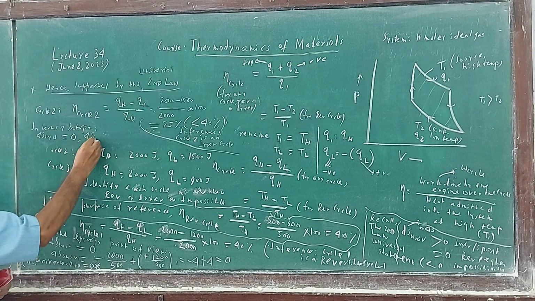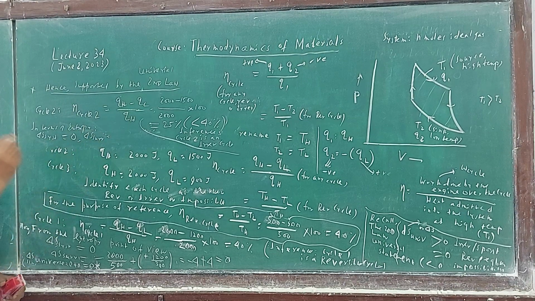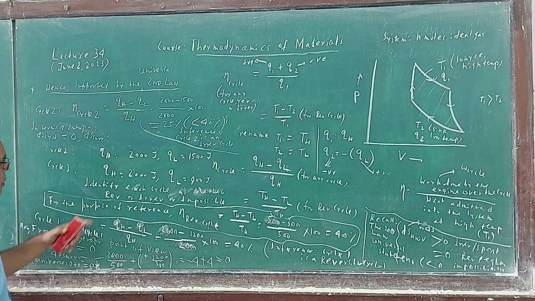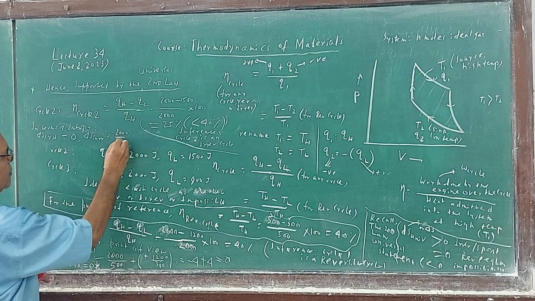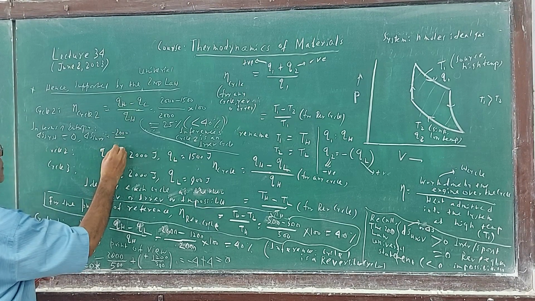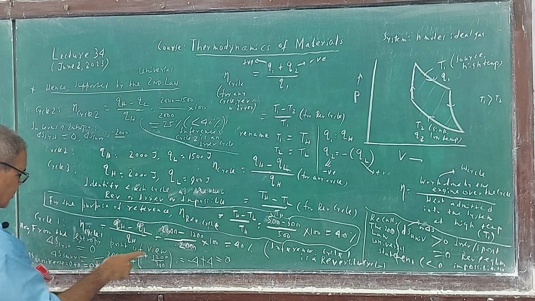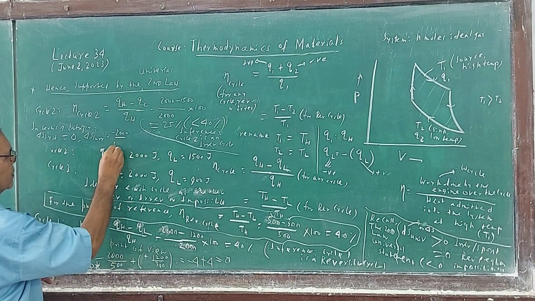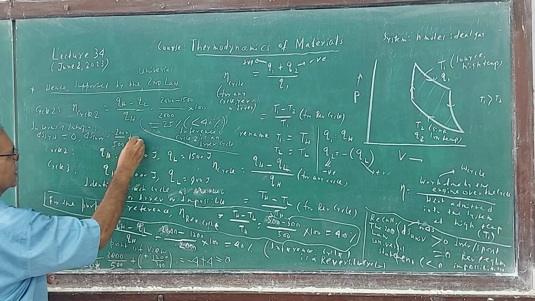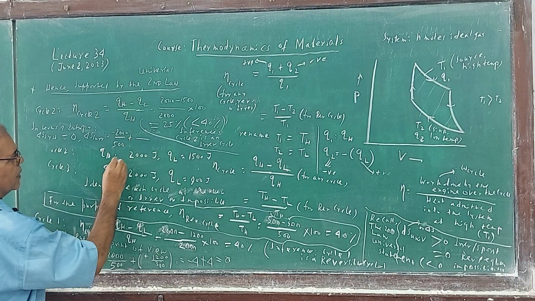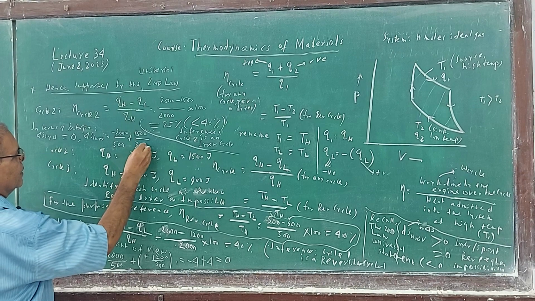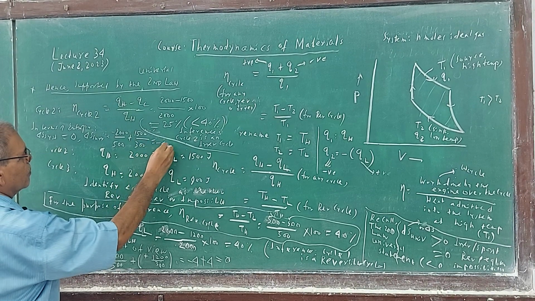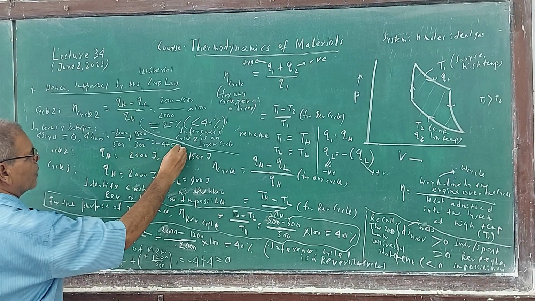And delta surrounding, two segments: minus 2000 by the same temperature as before, 500, plus 1500 by 300. So minus 4 plus 5 is plus 1.